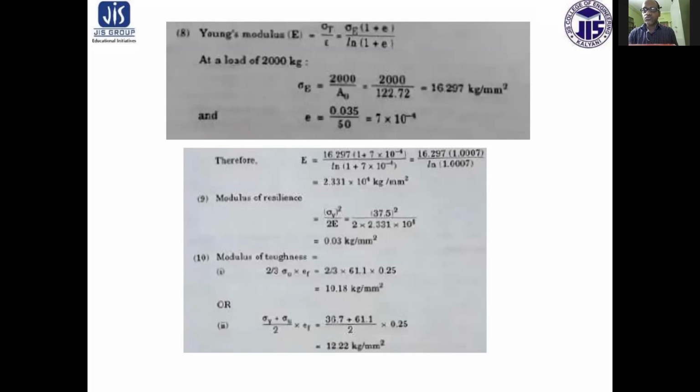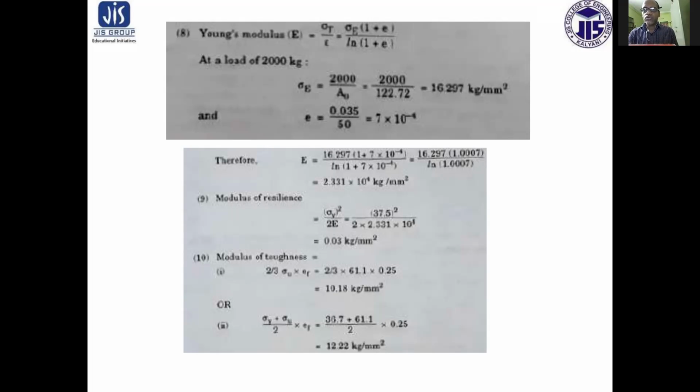From the relation of true stress with engineering stress and strain, true stress is given by sigma E into 1 plus epsilon E, where epsilon E is the engineering strain, and true strain epsilon T is given by ln of 1 plus epsilon E. So by replacing sigma T and epsilon T, that is true stress and true strain, with their relations to engineering stress and engineering strain, we get this equation: Young modulus E is equal to sigma E into 1 plus epsilon E, divided by ln of 1 plus epsilon E.